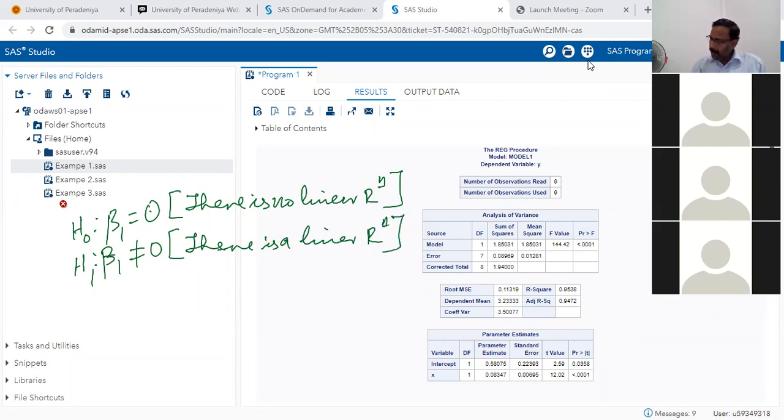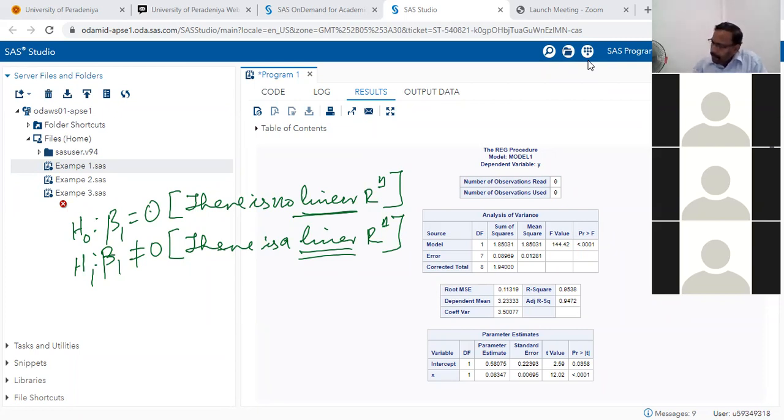Very good. The answer is good. So now we are testing whether there is a linear relationship or no linear relationship. This is what we are testing.